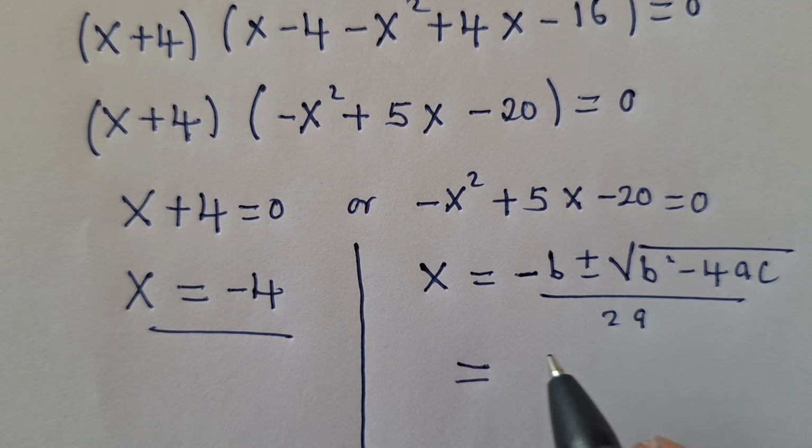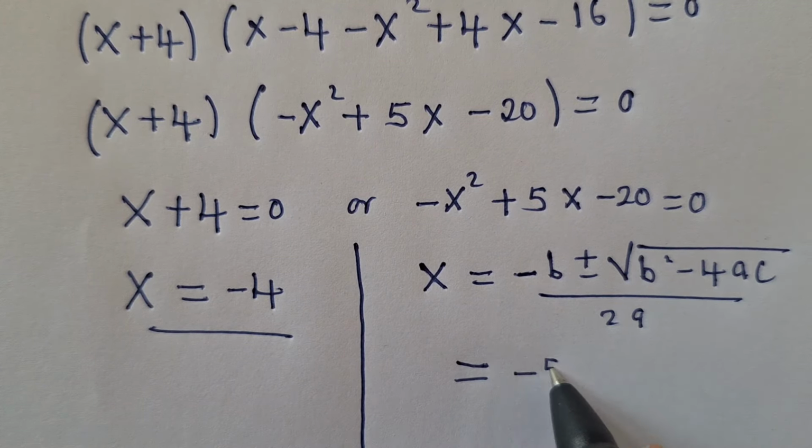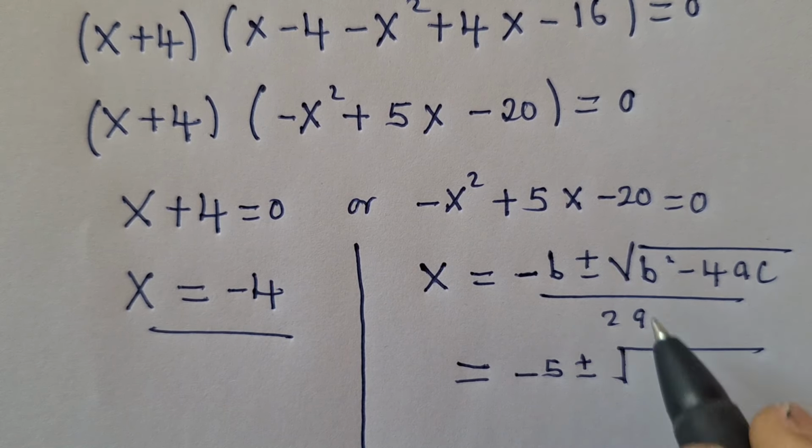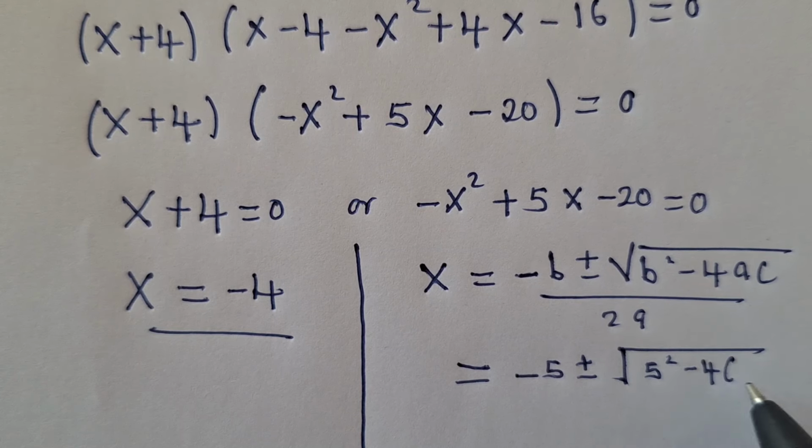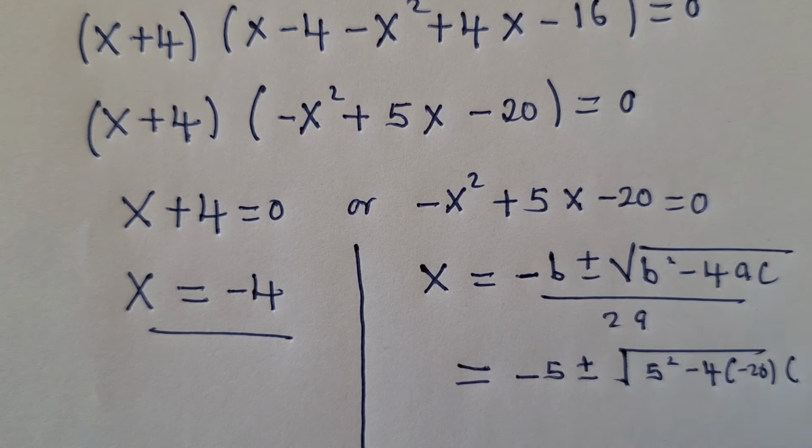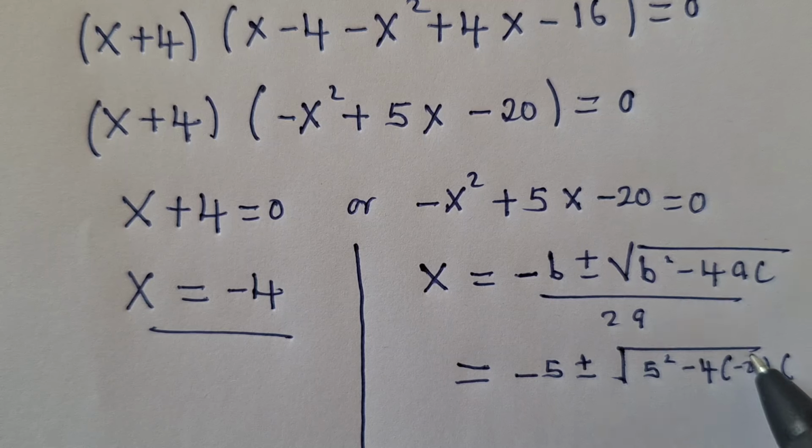We work out: b is 5, so x = (-5 ± √(5^2 - 4(-1)(-20)))/(2(-1)). Here a is negative 1 and c is negative 20.